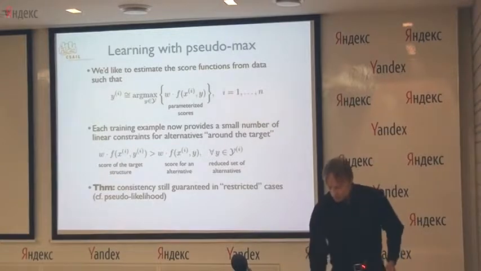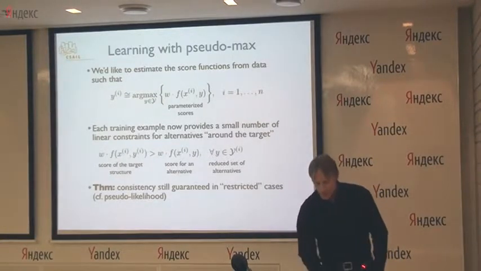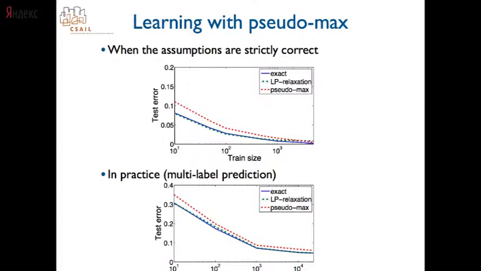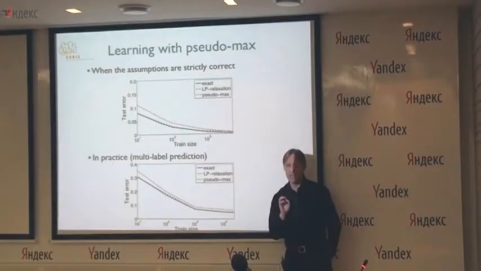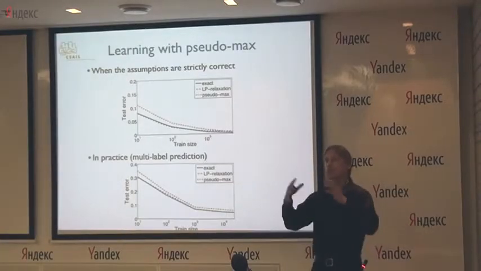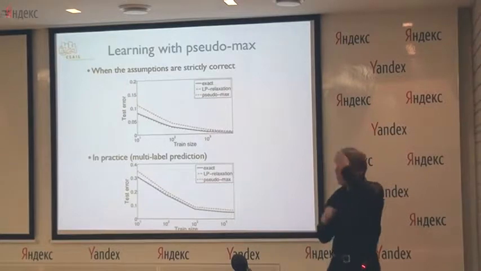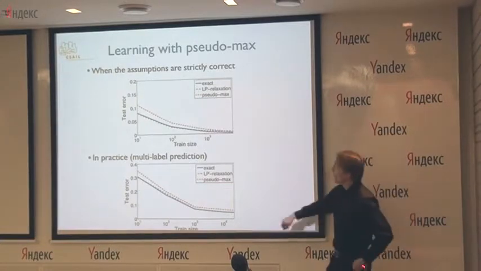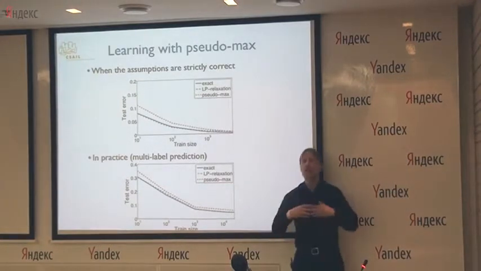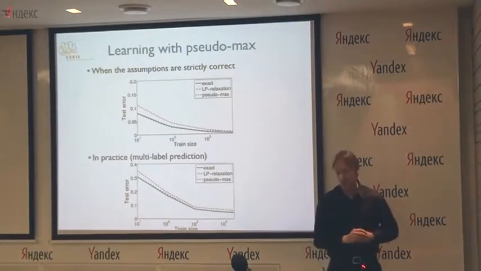So here's just a simple illustration of what happens in cases where we know that this method will succeed, so the theorem is valid in this case. What this shows is test error as a function of the number of training examples we have. The red one is a method estimated with these very simple but extremely fast constraints, in comparison to alternatives that are much more computationally burdensome.